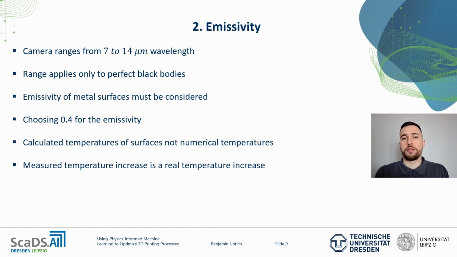Our metal surfaces are not perfect black bodies, so the emissivity of metal surfaces must be taken into account. This is not so trivial. An estimated factor of 0.4 is chosen for these emissivities. It is important to mention here that exactly for this reason, the measured temperature values are not numerically exact temperature values, but a measured temperature increase corresponds just as well to a real temperature increase.